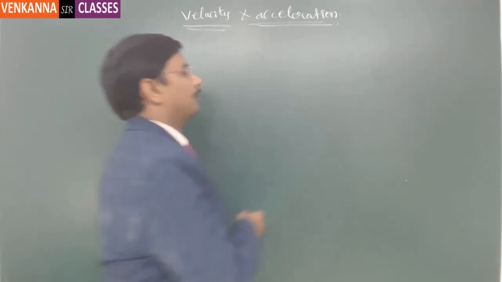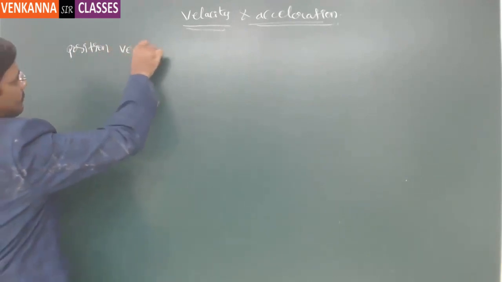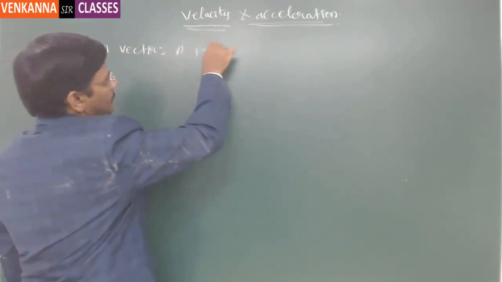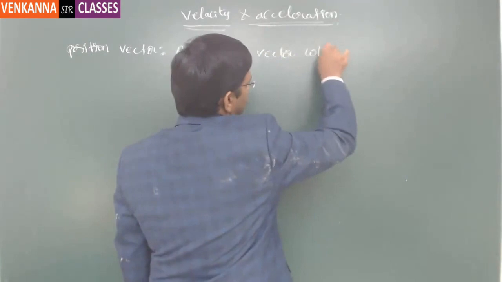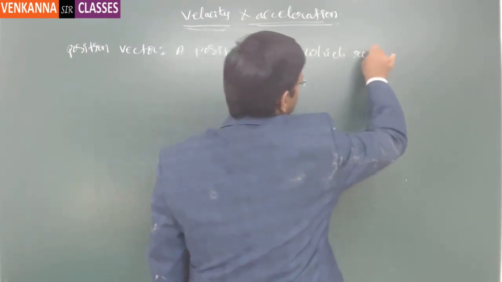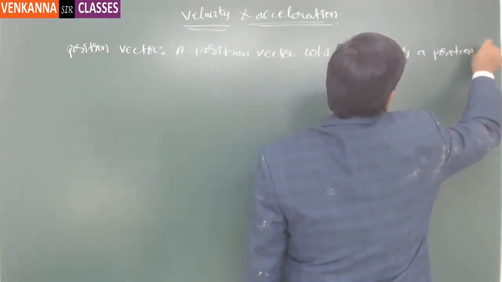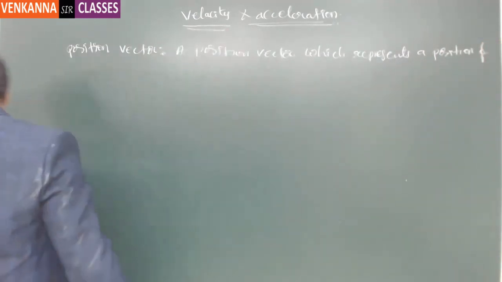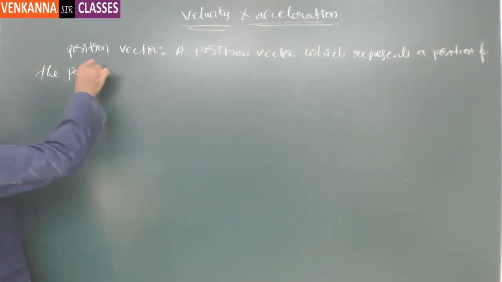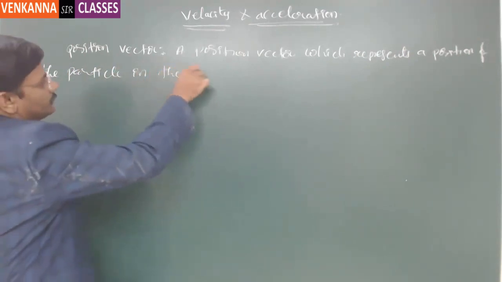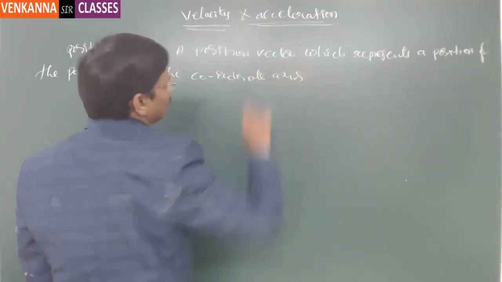Now a position vector represents the position of a particle in the coordinate axis. Right, so this is the only purpose of a position vector.